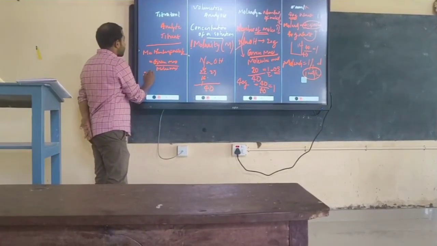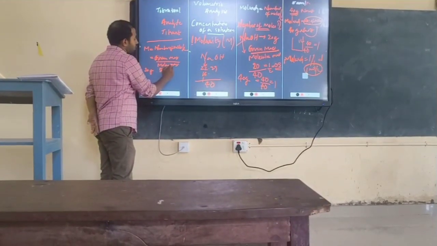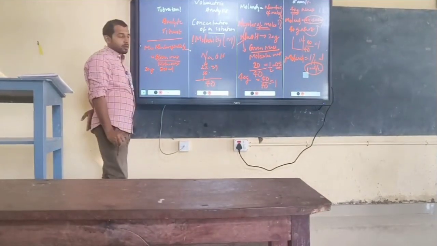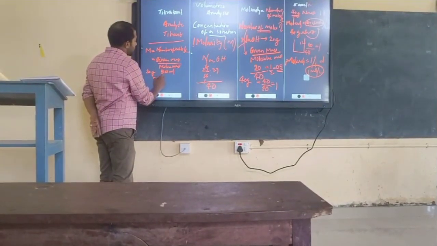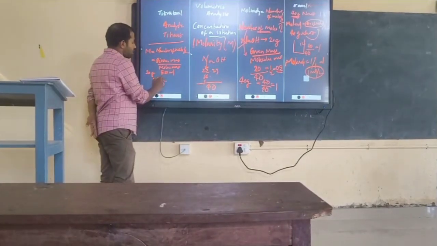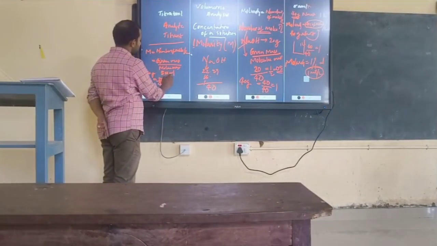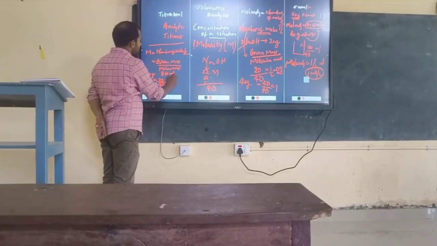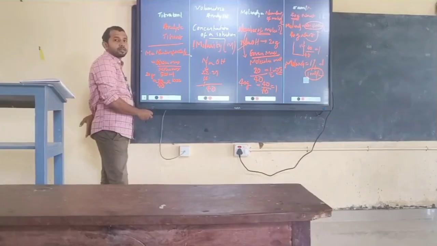Say if I have 20 gram of NaOH dissolved in 500 ml of water, I can find the molarity as follows: 20 is the given mass, 40 is the molar mass, and we have to convert the volume to liters.